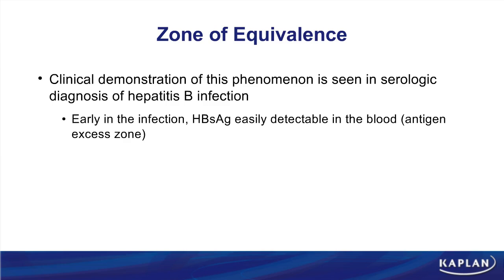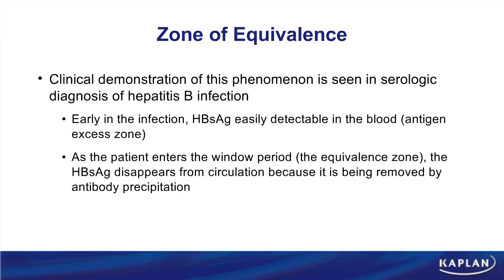However, as you start to have approximately the same amount of surface antibody and surface antigen, you start to get immune complexes. Clinically, that has some importance because those immune complexes can cause some type 3 hypersensitivity diseases. But it's at that point that we say that the patient is in the window period. And this is equivalent to, you bet, the zone of equivalence.